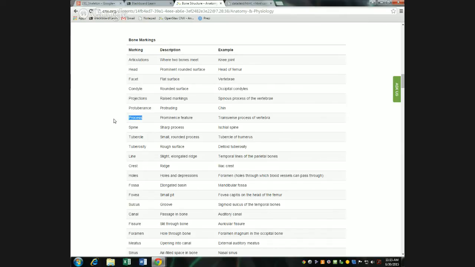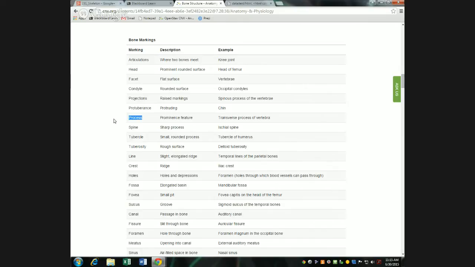Now, at the beginning of this, I said that the skeleton is organized into the axial and the appendicular components. So the front page is axial, specifically the skull, and then the back of that first piece of paper has the rest of the axial skeleton, which would be the vertebral column and the rib cage.